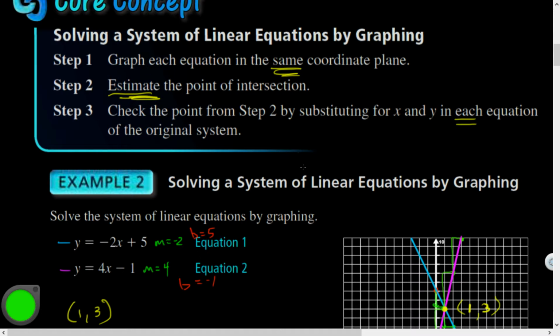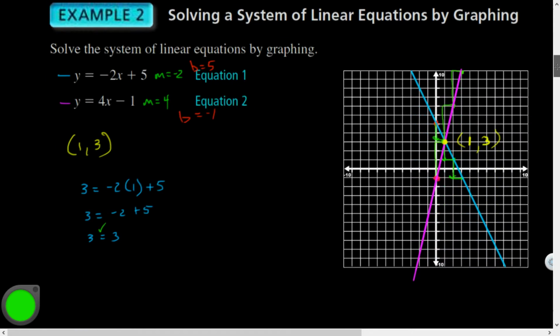If it was an estimate, if I was off, like what if I said like 0.9 and 3.1 or something like that? My check, these would have been close to each other, but not exact. And that would have been tolerable for us, depending on how accurate we were able to get with our graph. So let's check the point in the other one.